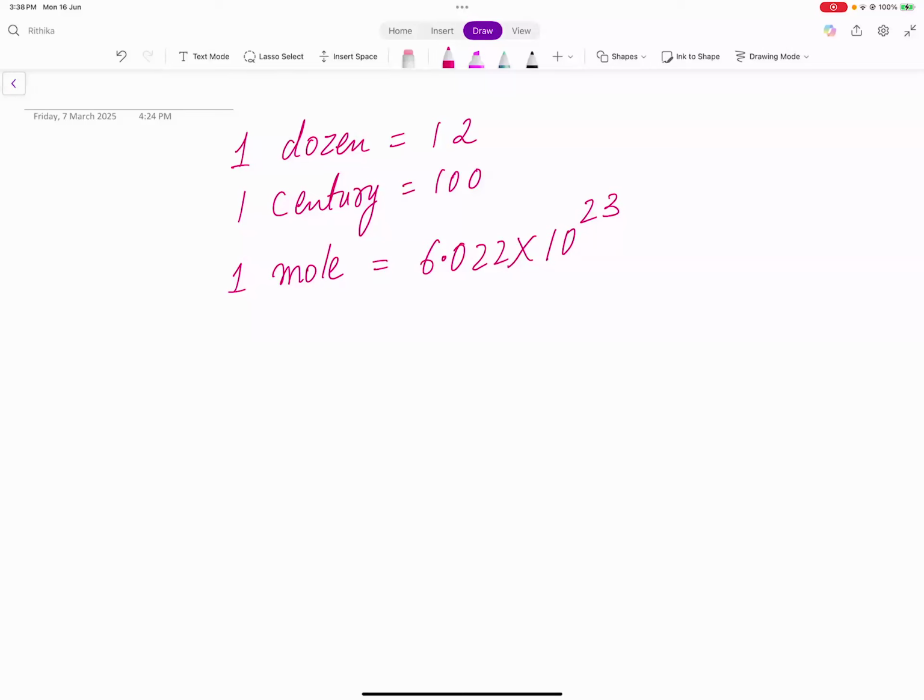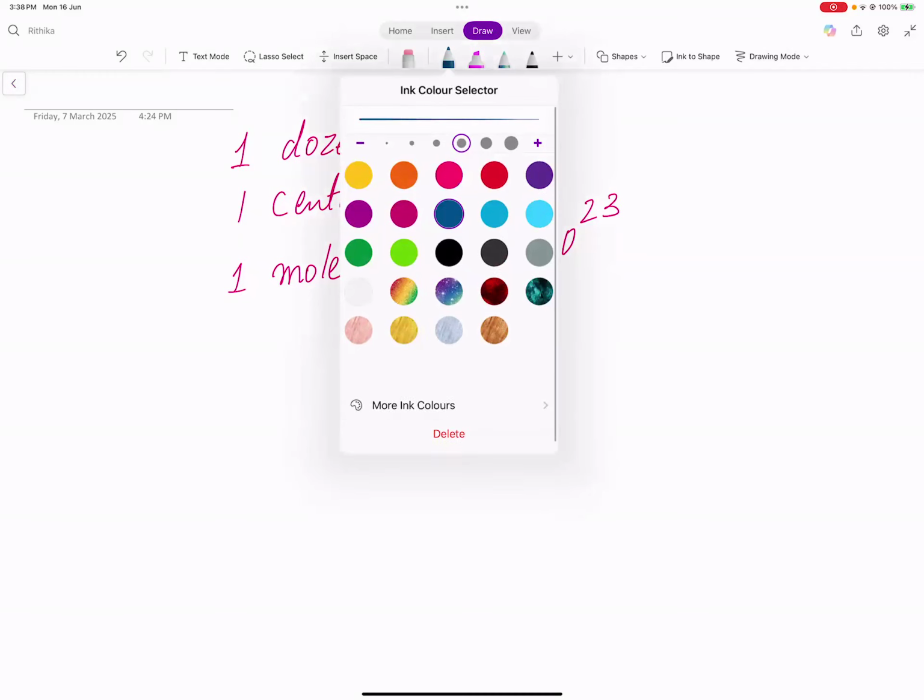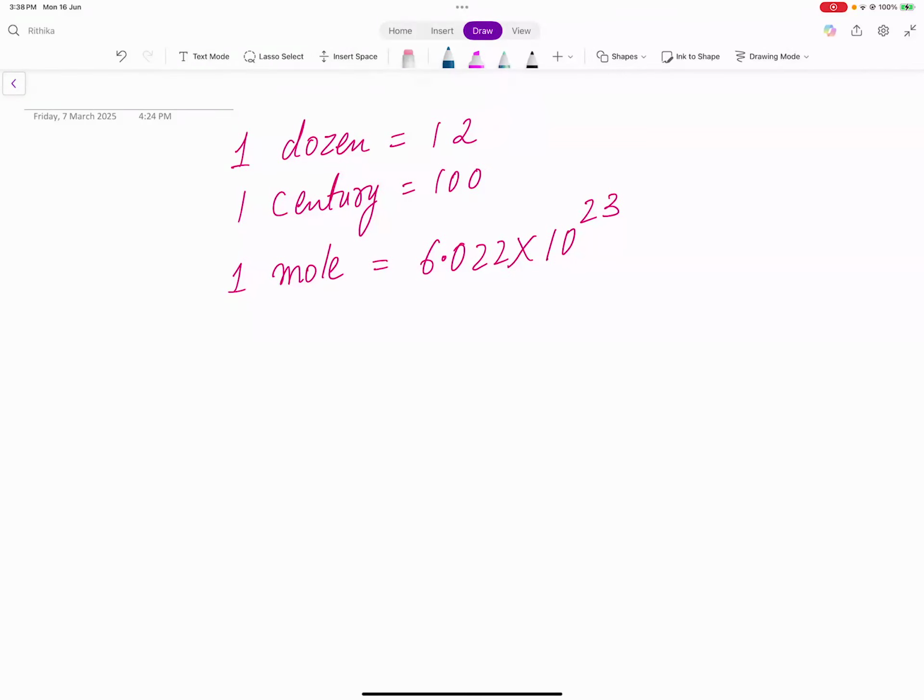Now if I ask you 24 eggs is equal to dash, immediately we'll be able to answer it, right? We'll do it like this: 24 by 12.